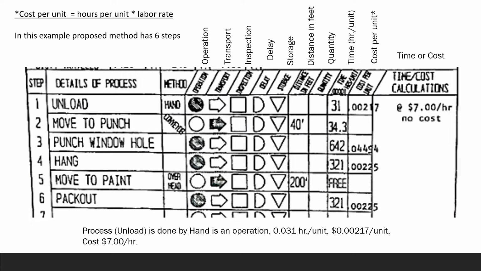So process step is unloading, and it's done by hand manually, and it is an operation, so we shade the operation, and it takes 0.031 hour per unit production, and we spend $0.00217 per unit, and this time we're gonna describe the cost, and that's $7 per hour.